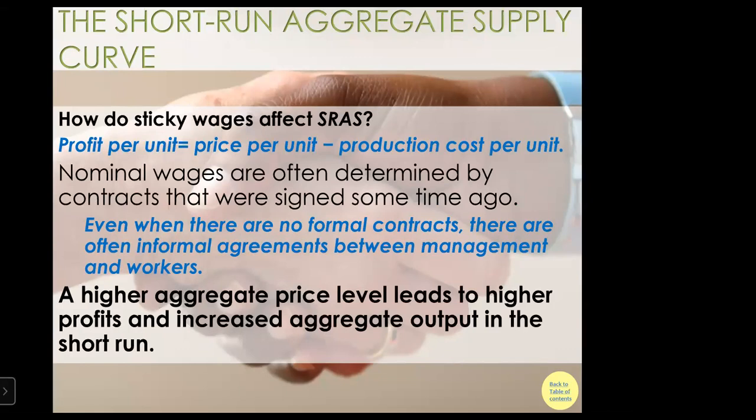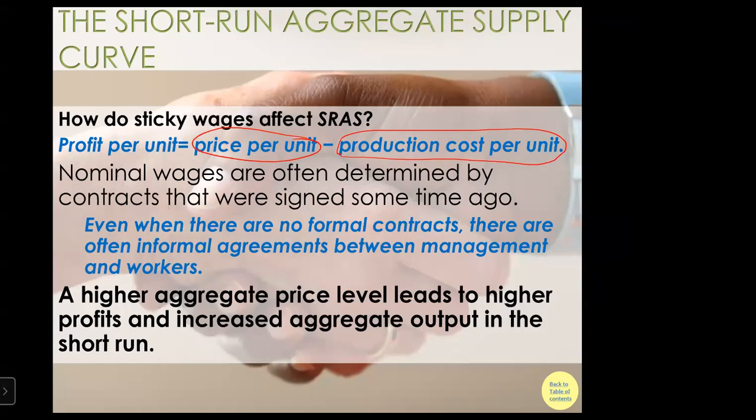If there's a change in aggregate price, then the price per unit will change, but the production cost per unit may not adjust, or at least not adjust proportional to price per unit.